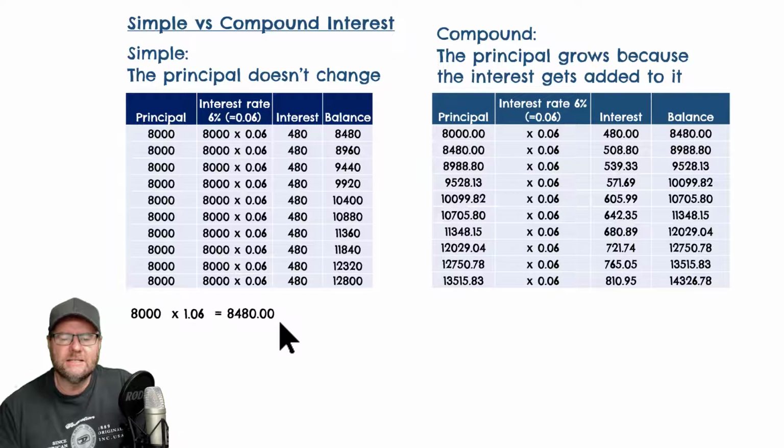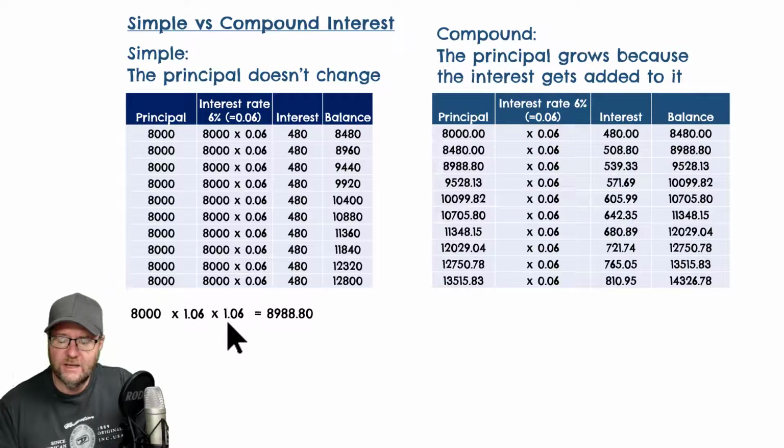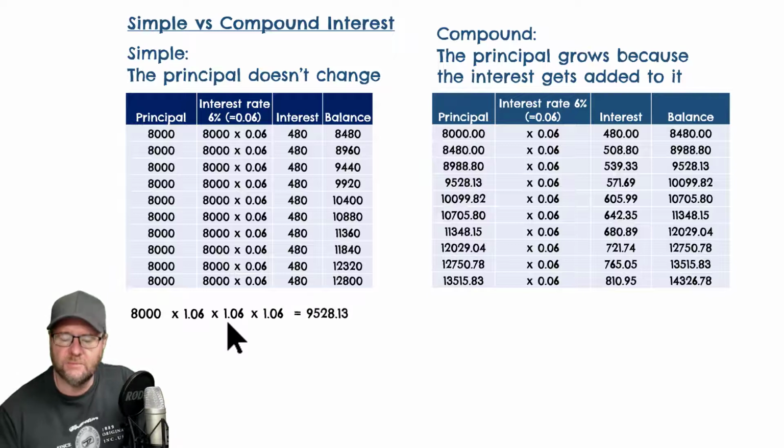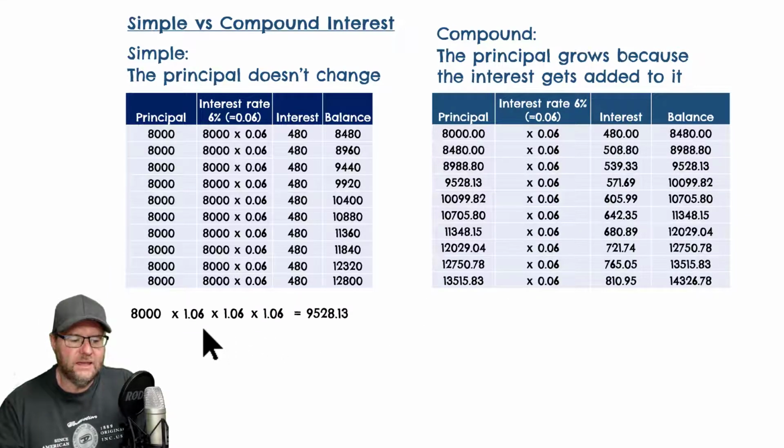What if I did a second year, so I increased it by 6% again? In the third year, I increased it by 6% again. And you'll see after 3 years of 6% increases, just each year multiplying it by 1.06, I've got 9,528.13, which is this value here. Now, I can look at these 3 lots of 1.06, this multiplied by itself 3 times, and write that to the power of 3.